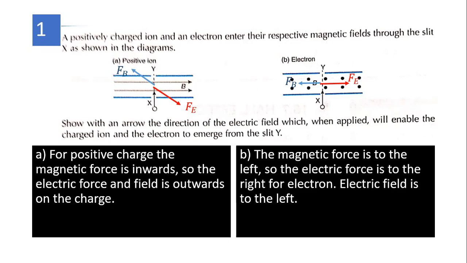So the thumb should be... sorry, the field is coming up towards you. The first finger is pointing towards you. The current is going down. So the magnetic force must be to the left.